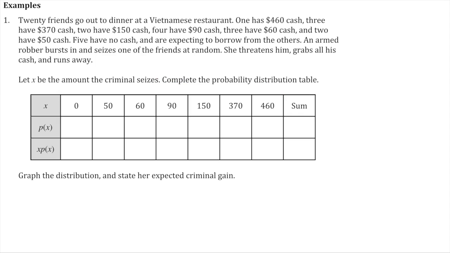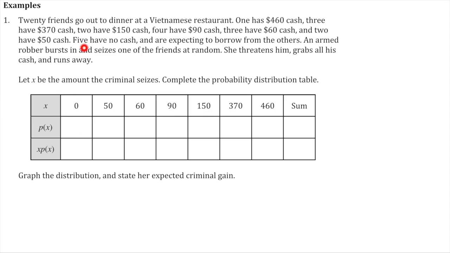So these are the options. The criminal could seize no money if they randomly pick one of the people with no cash. The criminal could seize $50 if they randomly choose one of the people with $50 cash, and so on. So they could choose people with any one of these amounts of money. Well, what's the probability that the criminal would pick someone with no dollars worth of cash?